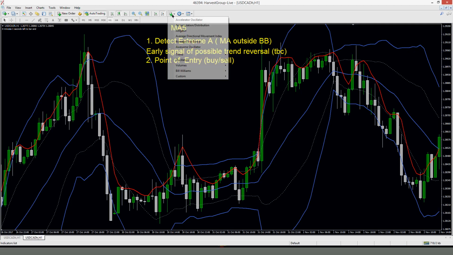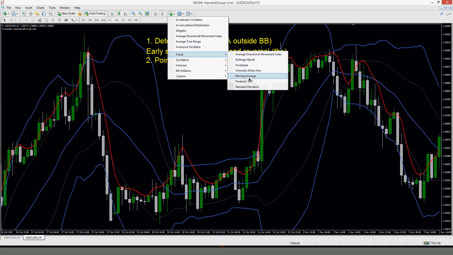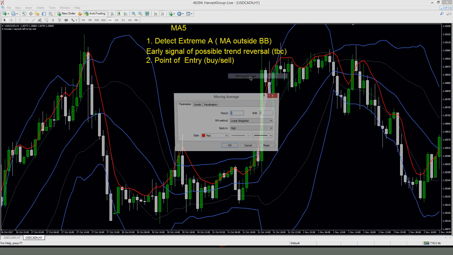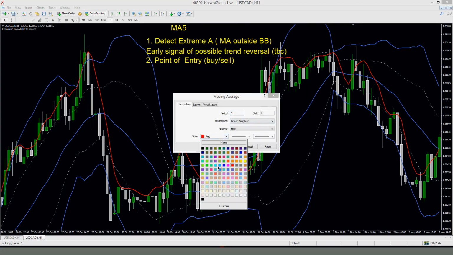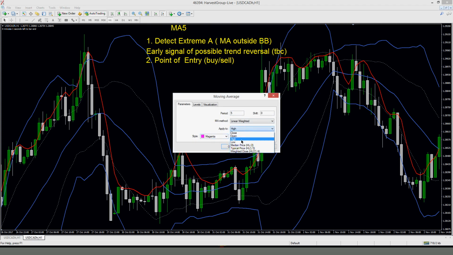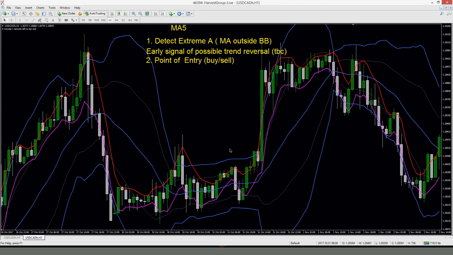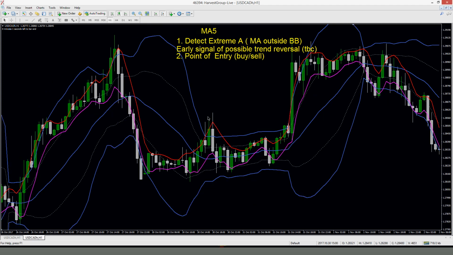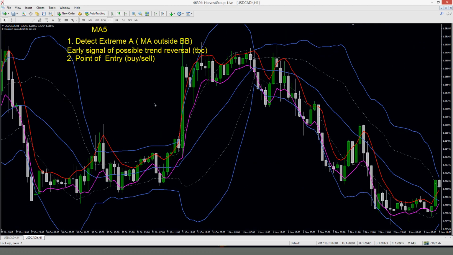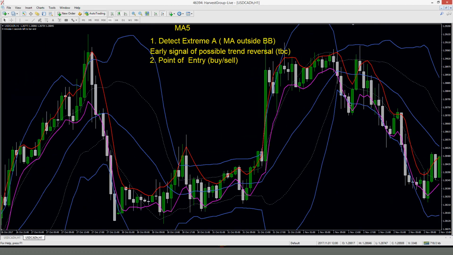Let me just add in moving average 5 low to see if there's a buy setup over here. As you can see here, there's also MA5 low outside of the Bollinger Band over there.